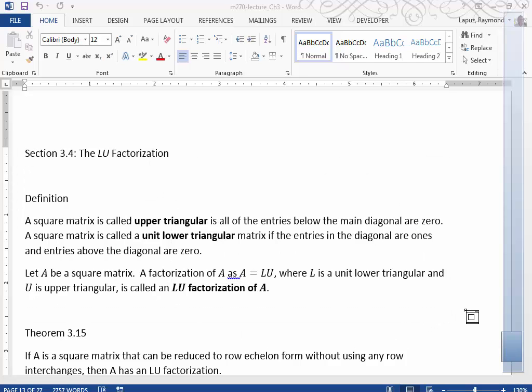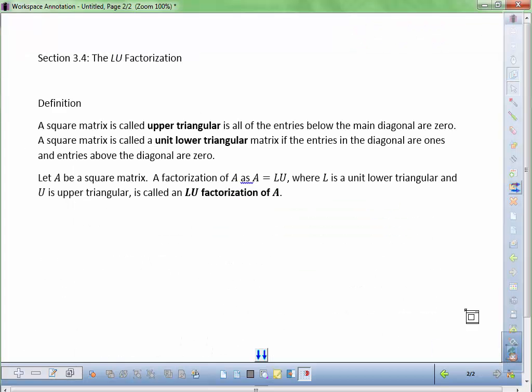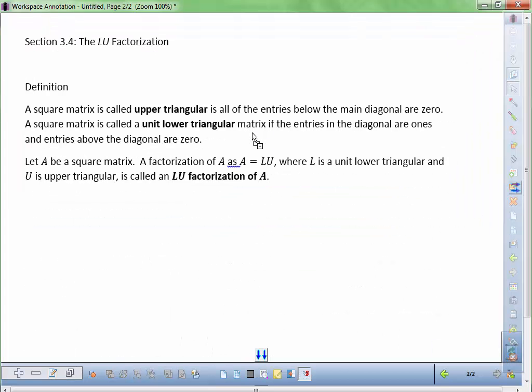So I kind of started with an example instead of throwing out the definitions first. So this is the definition. A square matrix is called upper triangular if all its entries below the diagonal are 0, and the upper part of the diagonal is non-zero.